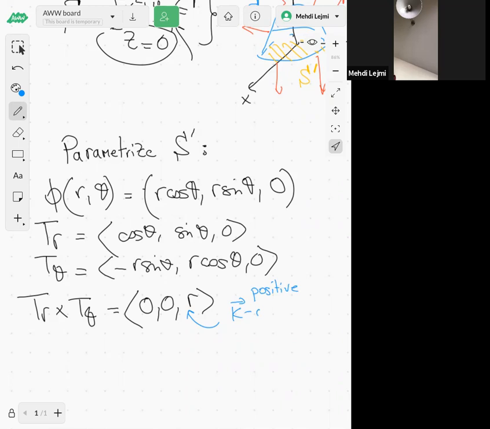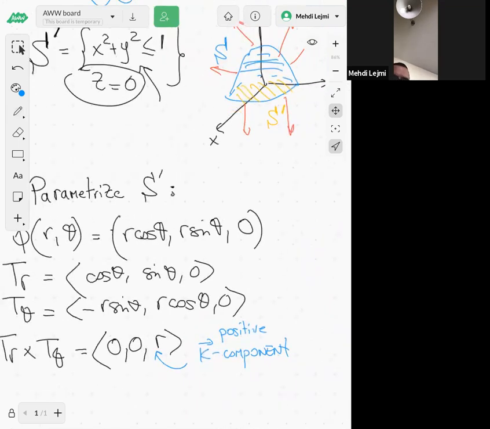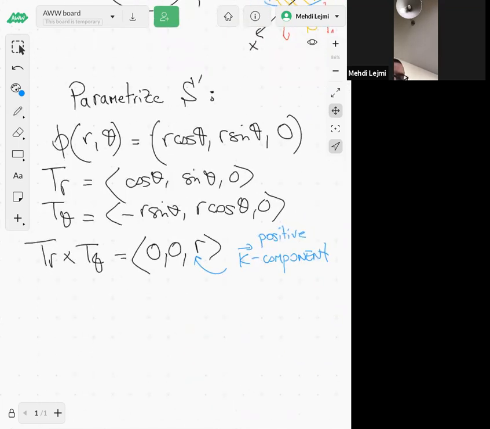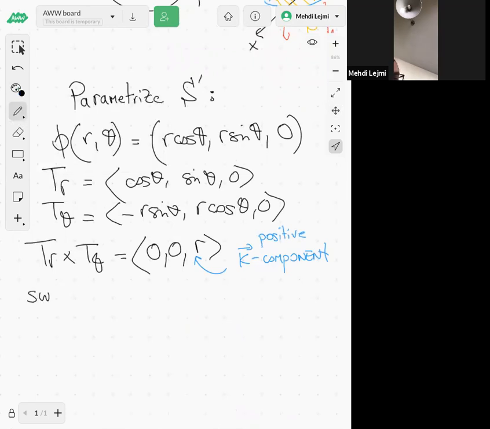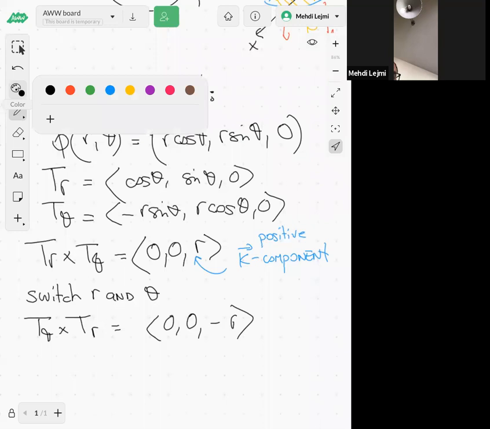Remember, the orientation of S prime should be downward, so the k component must be negative. So we need to switch r and theta. If you switch, that will be T theta cross T r, so that will be 0, 0, minus r. And that will be the right orientation.